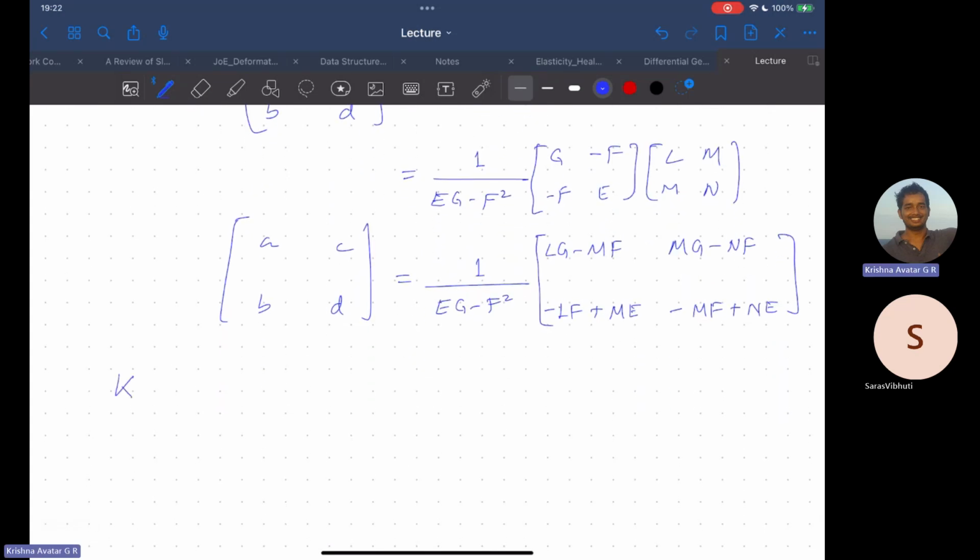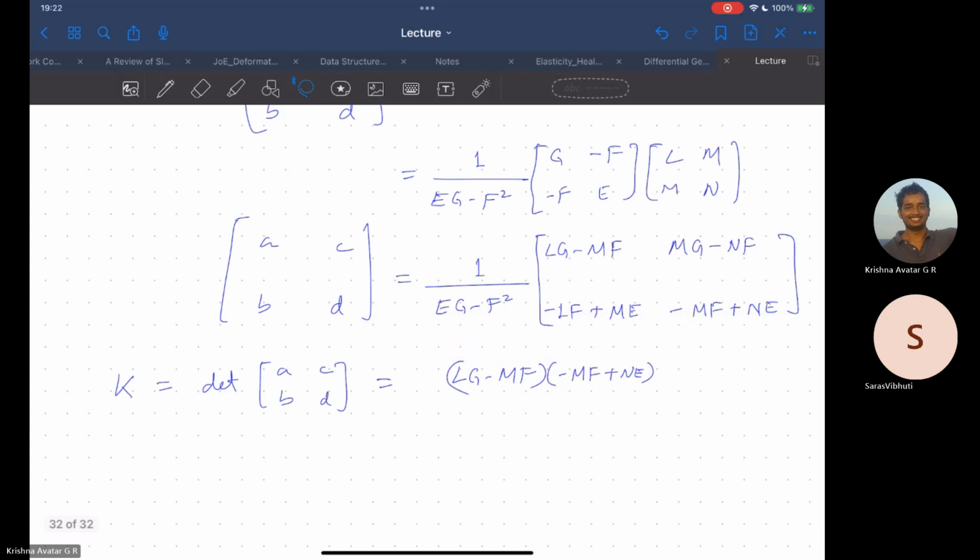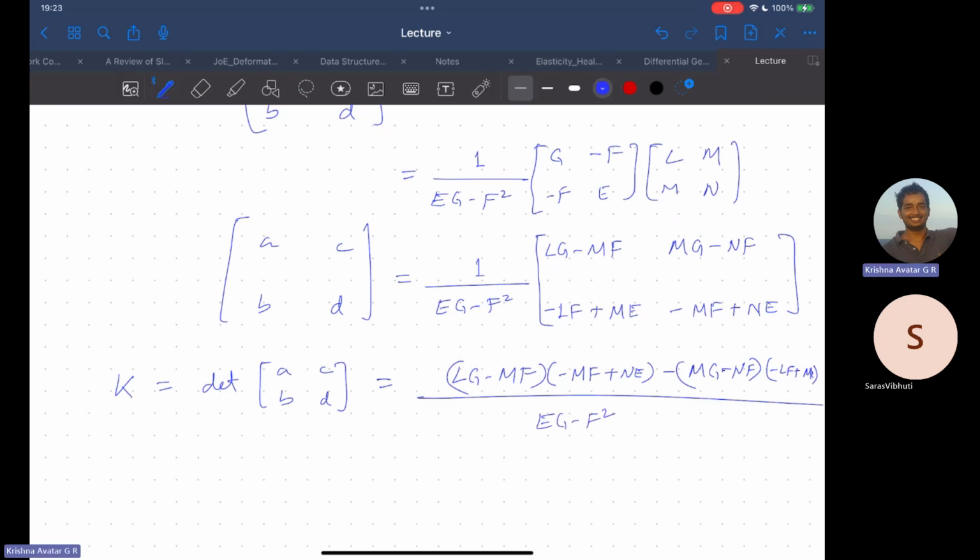So Gauss curvature K is equal to the determinant of A, C, B, D, and this comes out to be LG minus MF into minus MF plus NE, minus MG minus NF into minus LF plus ME, divided by EG minus F squared.